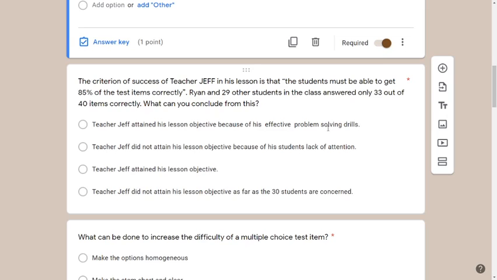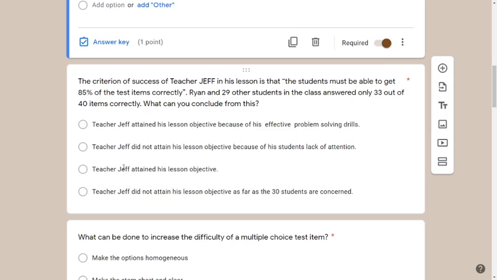Why? Because nothing is stated in the question or in the problem regarding the effectivity of his problem-solving skills. So I would cross this out because this information is not present, not even implied, right? It would be difficult for you to conclude or make assumptions about the effectivity of his problem-solving skills. So there's already an X.